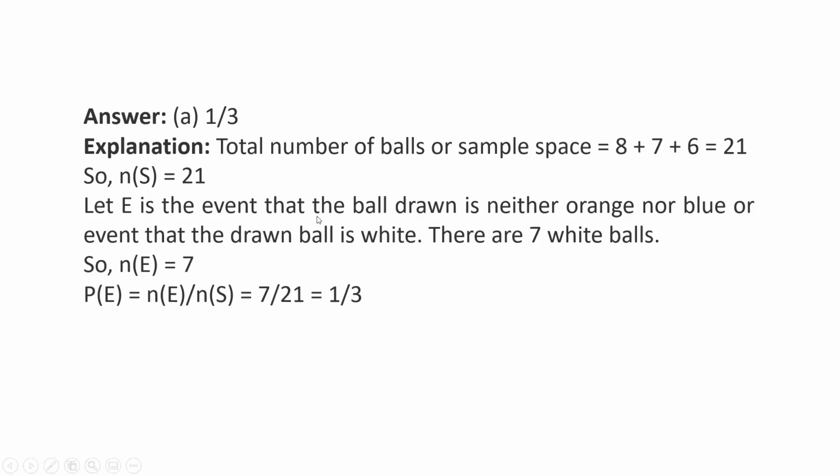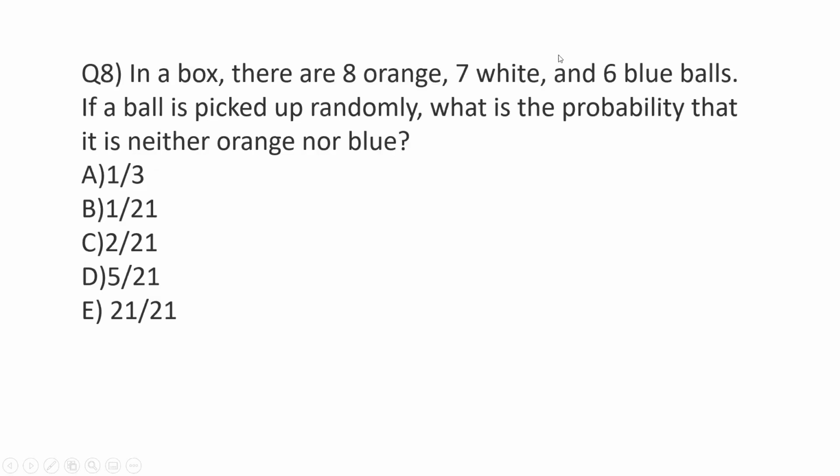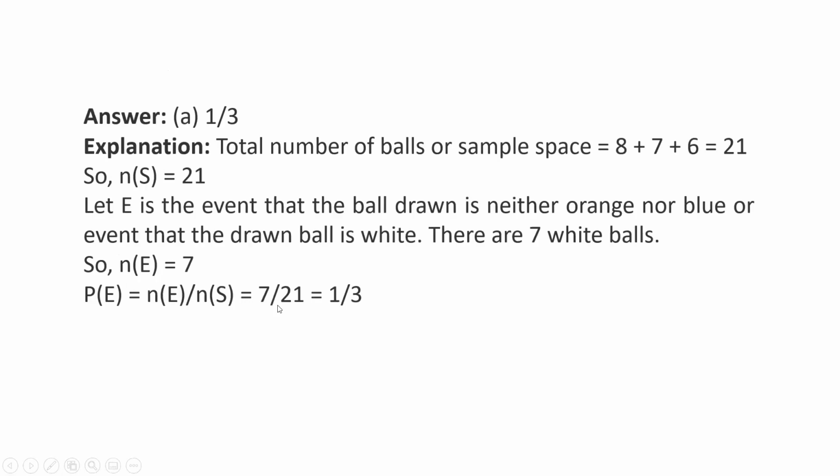The event that the drawn ball is neither orange nor blue means the drawn ball is white. So it would be 7 out of 21, which is 1 by 3.